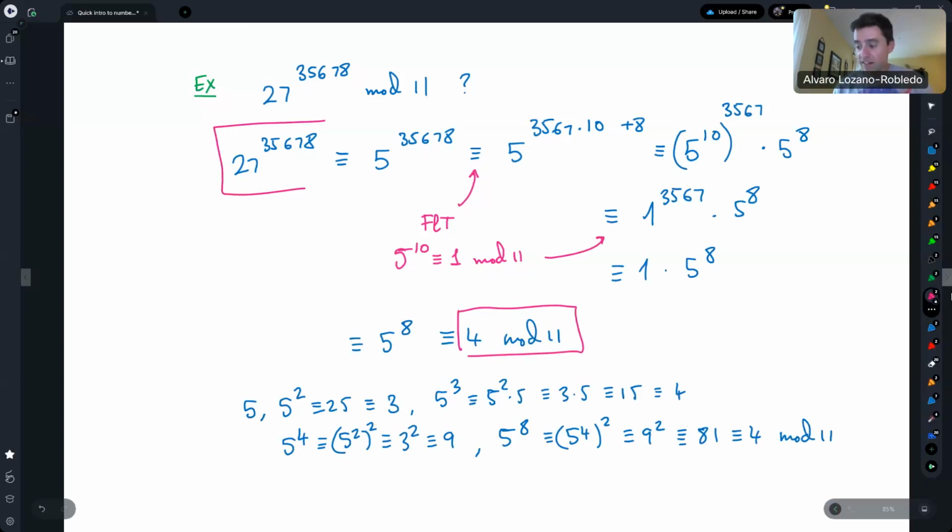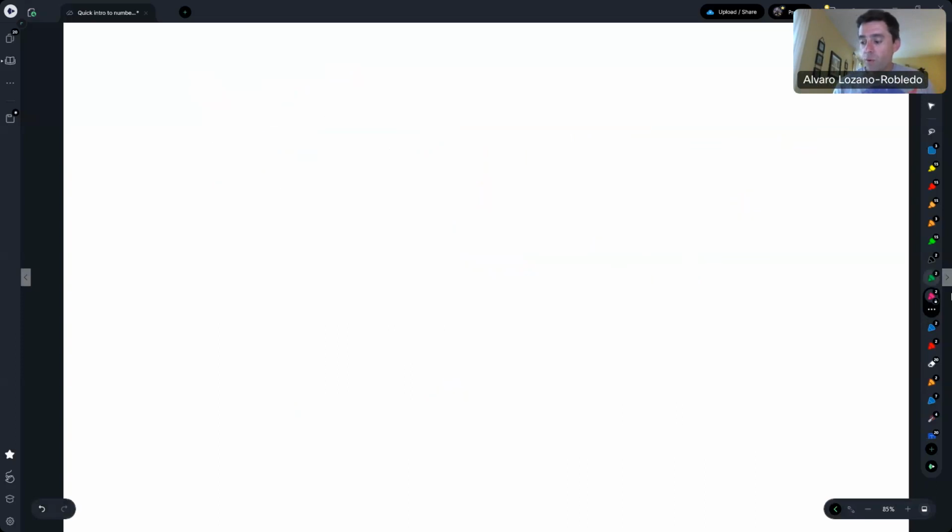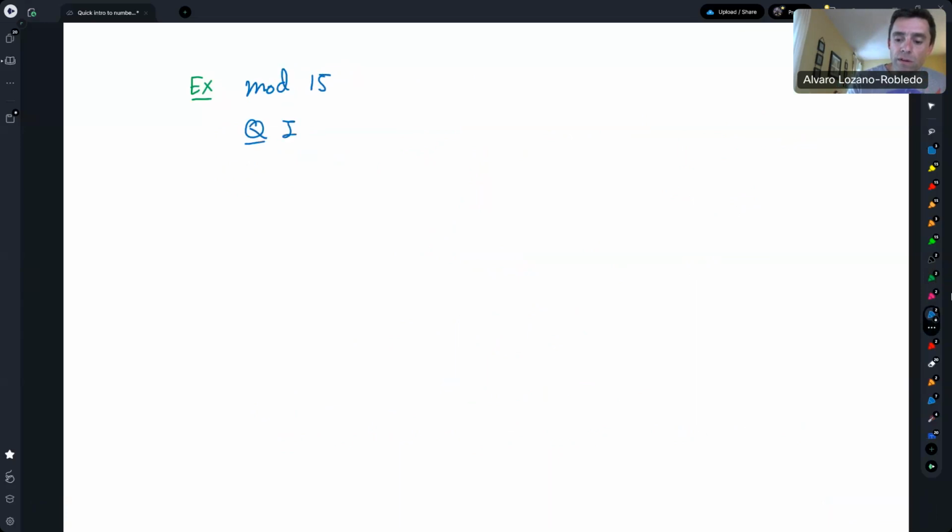Is Fermat's little theorem true for non-prime moduli? Suppose I want to work modulo 15. Is it true that a unit to the 14th power is congruent to 1 modulo 15?